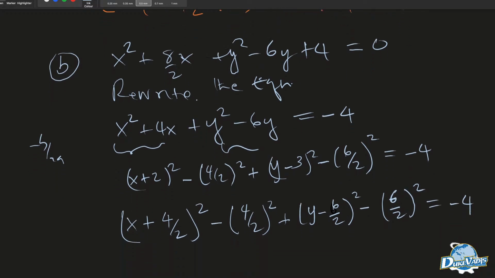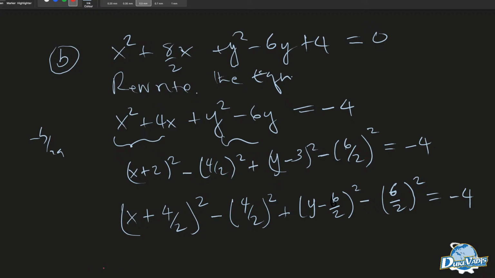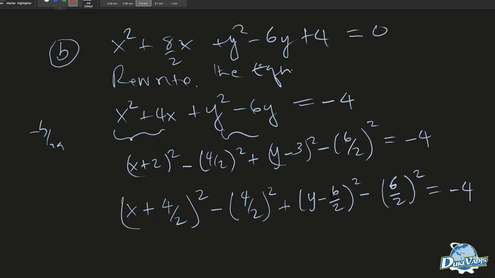Does it make sense? Then the reason why I got to where I am here, let me use a different color so she will understand it. See this here, 4 over 2 is what I have over here. So let me break it down. After that, this will be x plus 2 squared, this one will be minus 2 squared.